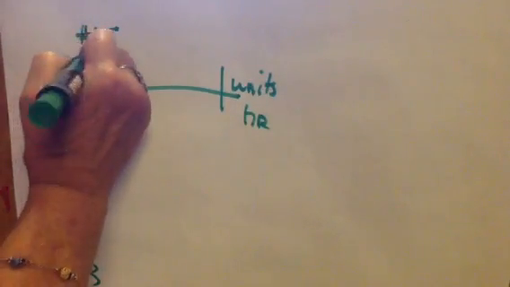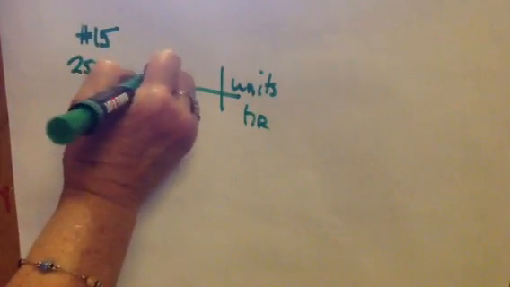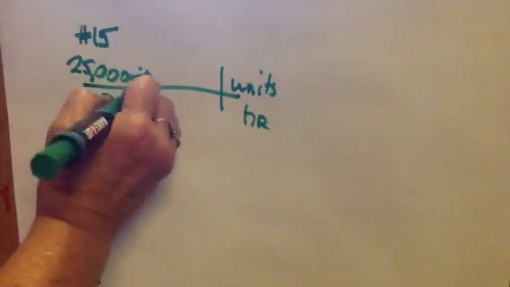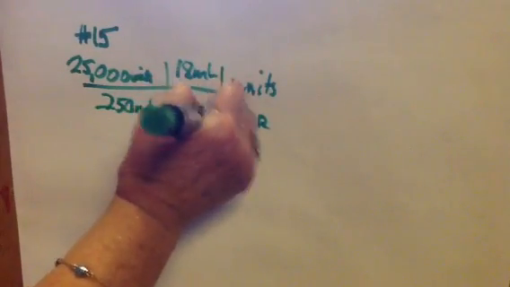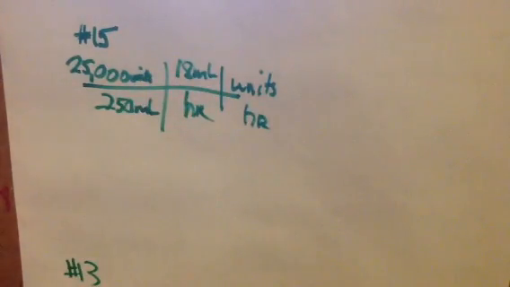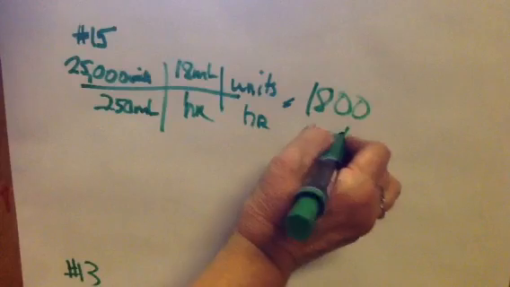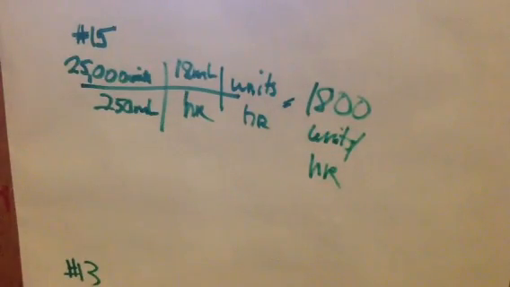We know that we have 25,000 units in 250 mils of fluid, and it's going at 18 mils per hour. And when you do the math there, it comes out to 1,800 units per hour is what our patient's receiving.